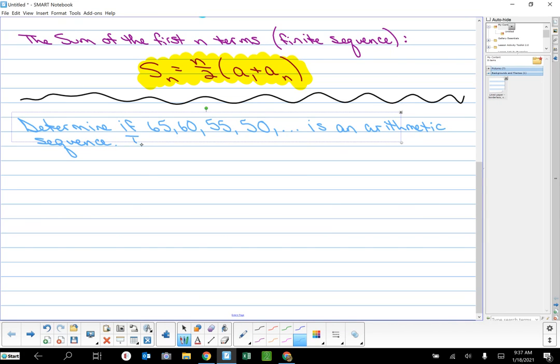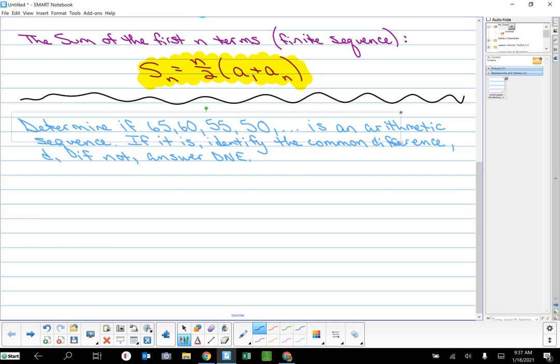If it is, identify the common difference, D. If not, answer D and E. So I took the entire set of directions straight out of Varsity here.